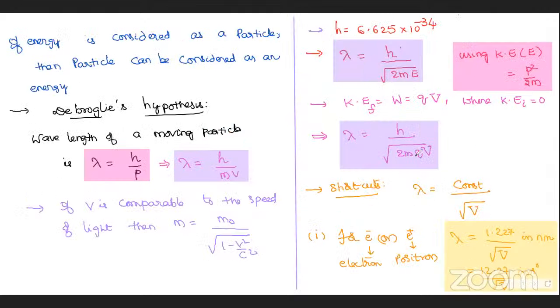So here we are saying that Davisson and Germer found the wavelength of electron, okay, at different PDs, potential differences. Okay, by accelerating the electron by using the shortcut or by using the original formula, h by root of 2mVq.